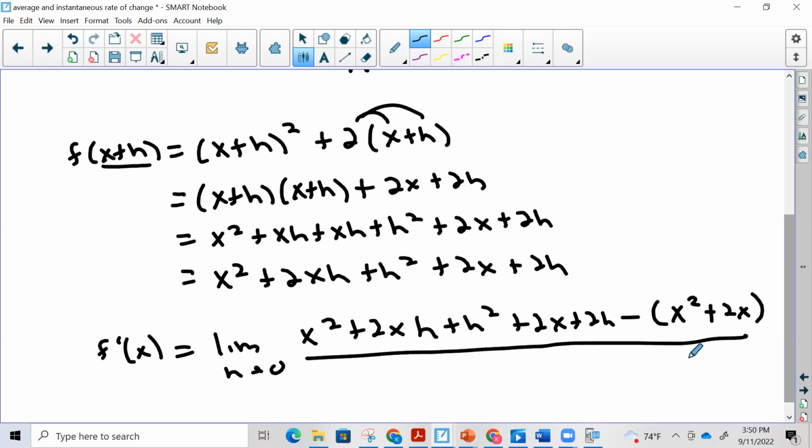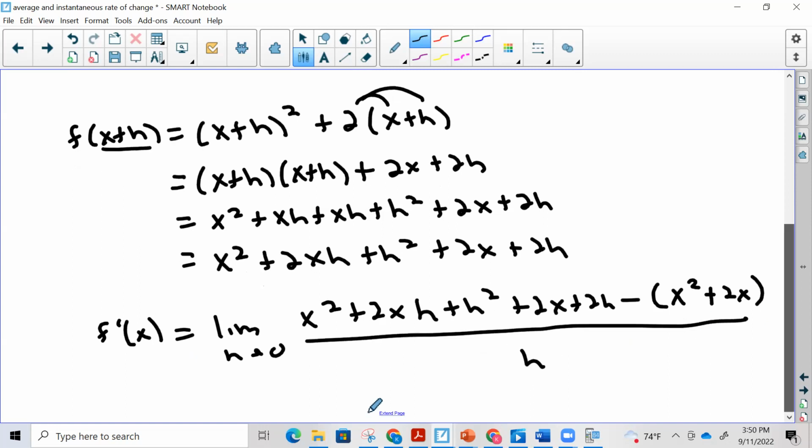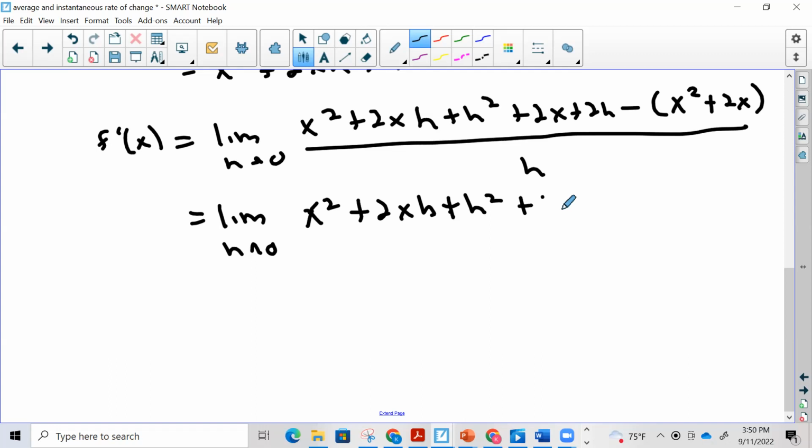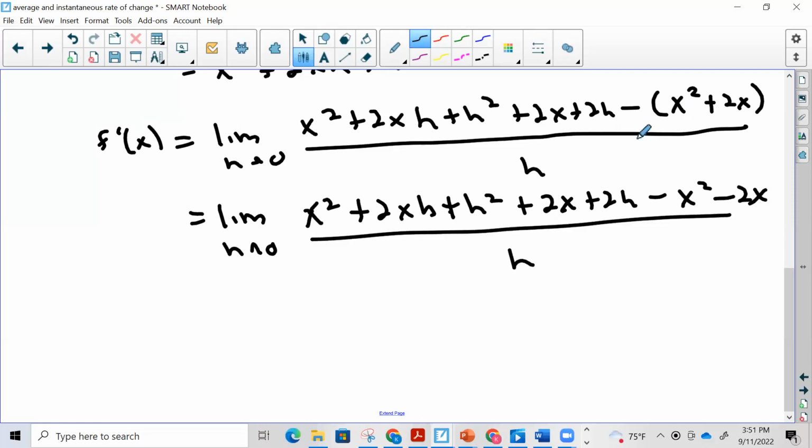And then over h. So remember, when we're subtracting, we need to distribute the negative, or make sure that if you don't want to write it with the parentheses, that you're changing the signs on both of them. Okay, so I distributed the negative.